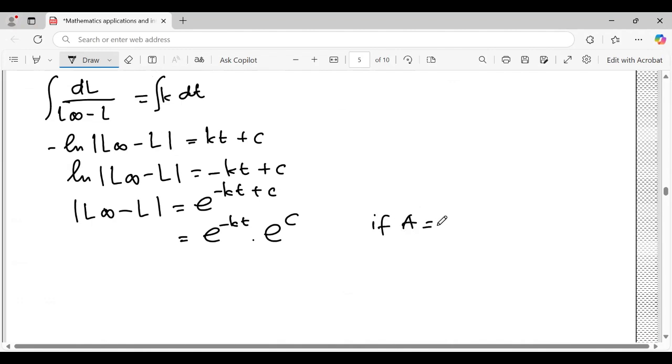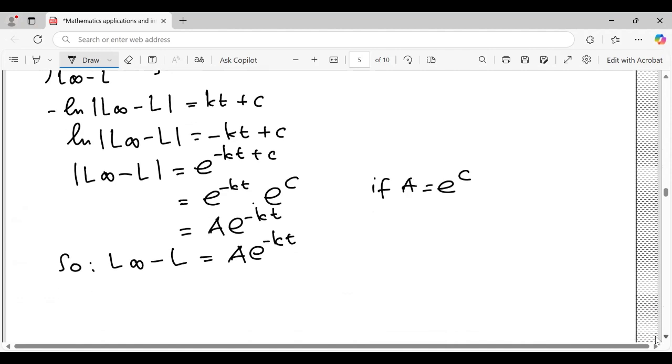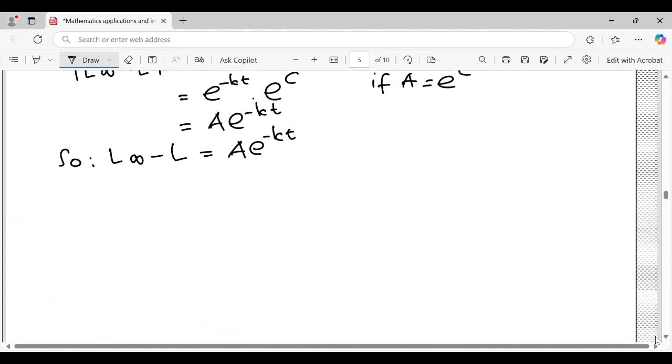If a equals e to the power of c, it becomes a times e to the power of minus kt. So L infinity minus L equals a times e to the power of minus kt, and making L the subject, L equals L infinity minus a times e to the power of minus kt.